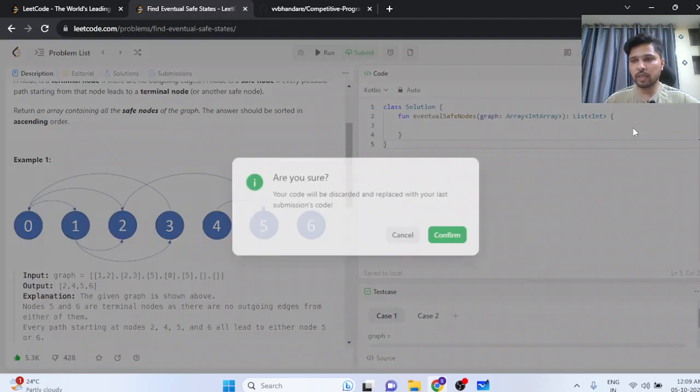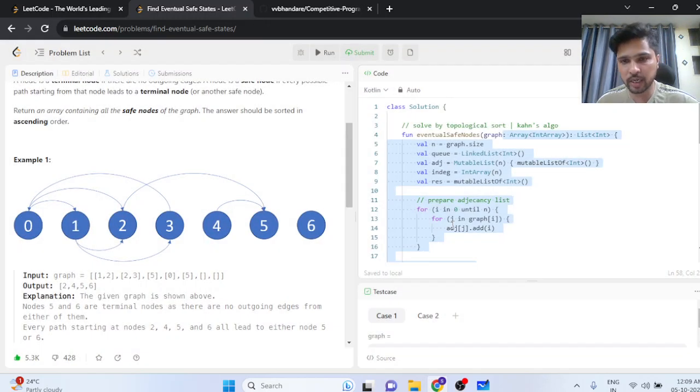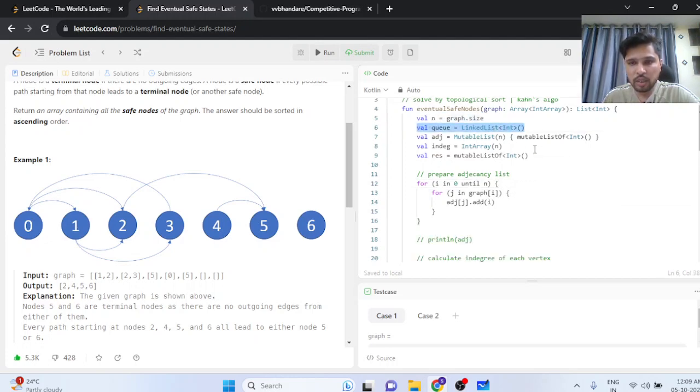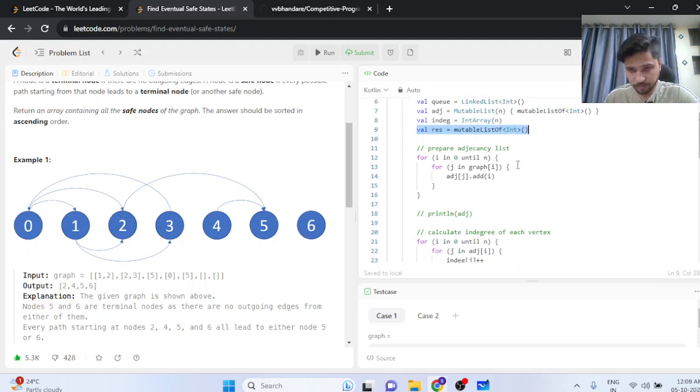So now let's quickly look at the solution. What I have done is, first of all I have taken a graph size, then I have created a queue, then I am preparing the adjacency list of lists, then I have created the in degree array, and this is the output list.